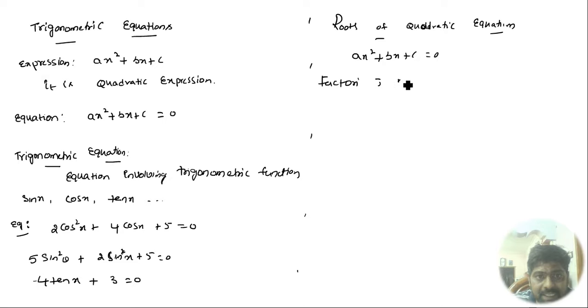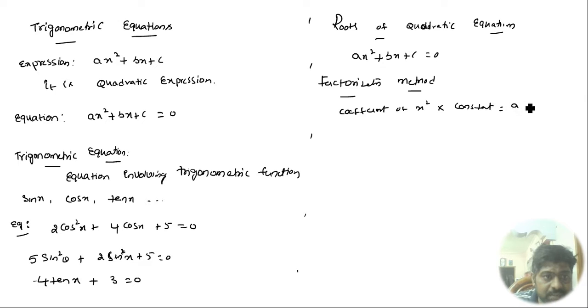We take the coefficient of x square into the constant, that is, a and c.